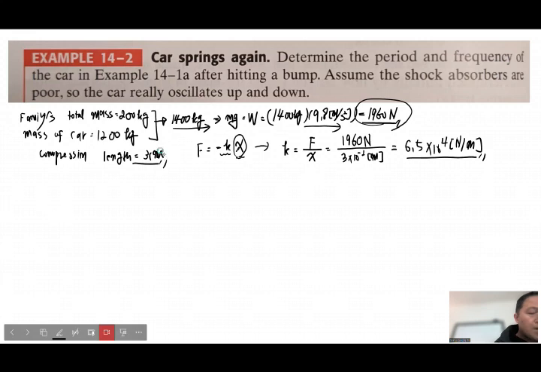So as you remember, period T is defined by 2 pi times the square root of mass over spring constant k for the simple harmonic oscillator with a spring. So that is the mass of the family, and this is the spring constant we got from Hooke's law.